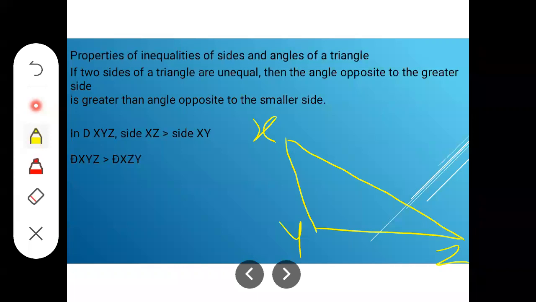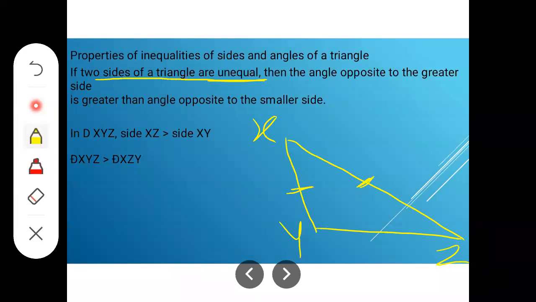Before that, see a statement here. If two sides of a triangle are unequal, here you can see, I have taken two sides. Suppose this side and this side. These two sides you can see easily, those are not equal in length.